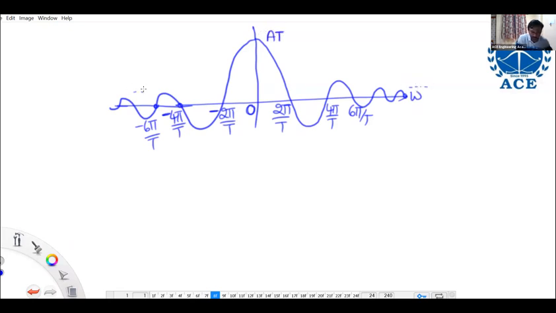So this is the Fourier transform of which function? A symmetrical rectangle. Symmetrical.